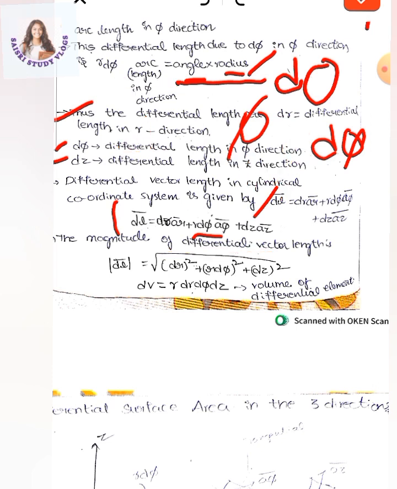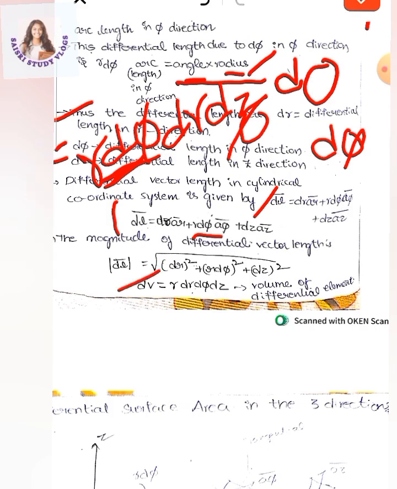So in the same way, here we have d phi, dr and dz. But in order to have the same dimensions, the d phi will be r d phi. So the volume formula is dv is equal to r dr d phi dz. So that is the volume of the differential element.